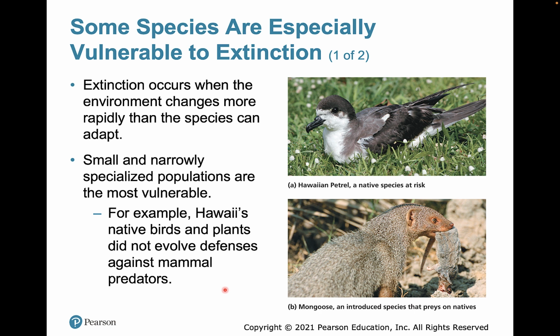So a lot of the native Hawaiian species are going extinct because the populations aren't very big and they're really specialized. So they don't really have much of a chance when you have predators like the mongoose that was introduced into Hawaii. They can't fight it off. They don't have the mechanism, the adaptations to fight it off, okay?